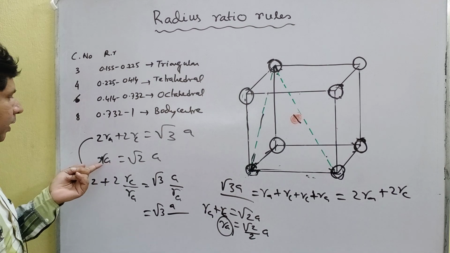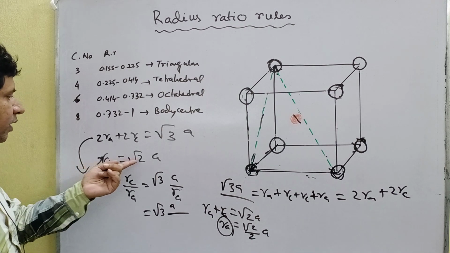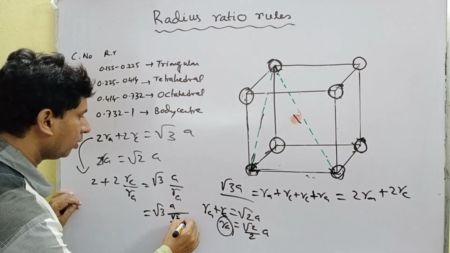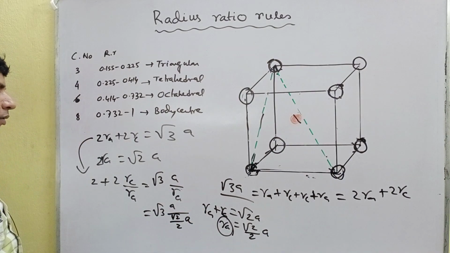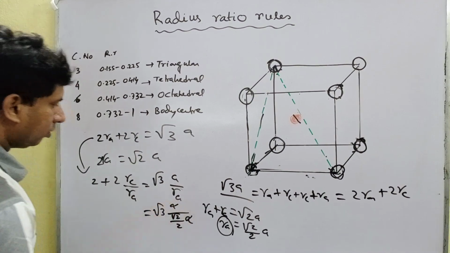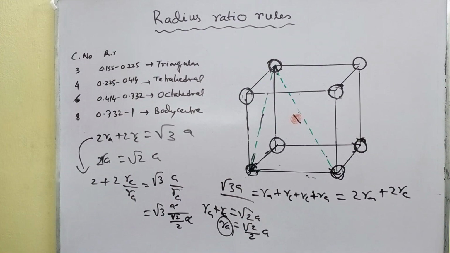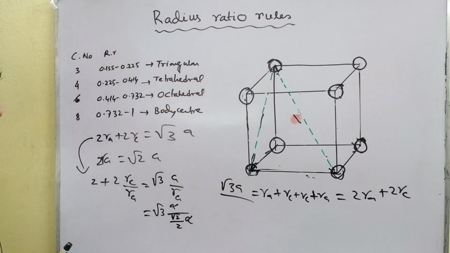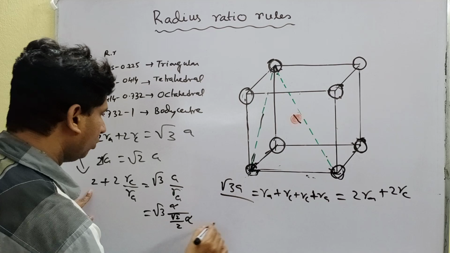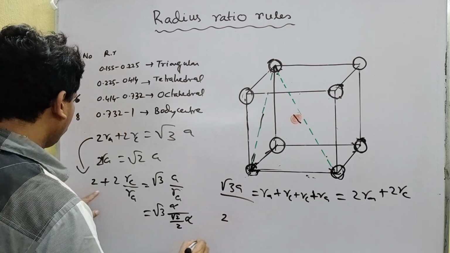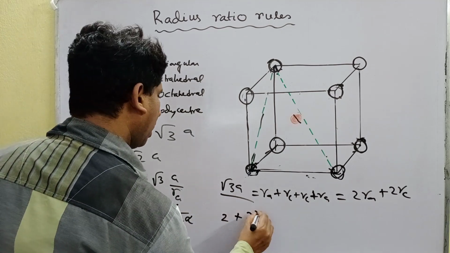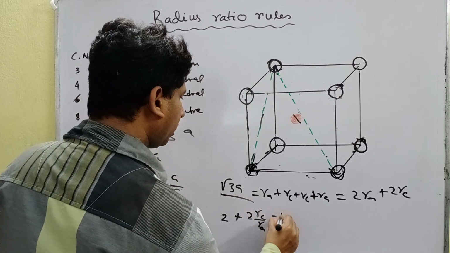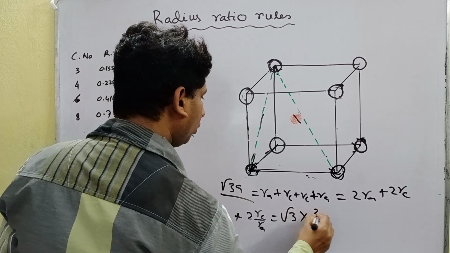What is the value of RA? RA means √2 by 2 into a. The a cancels out. Then 2 plus 2RC by RA equals √3 into 2 by √2.